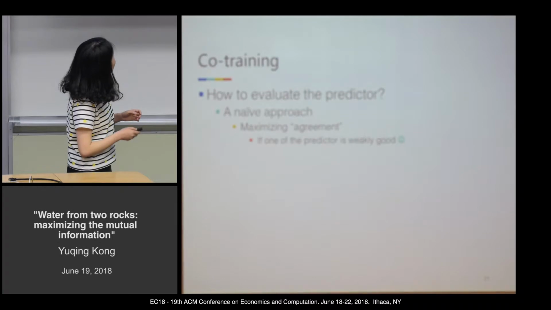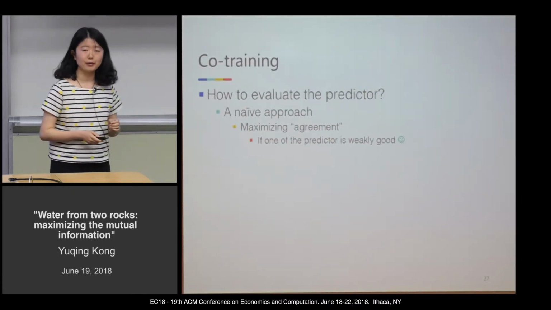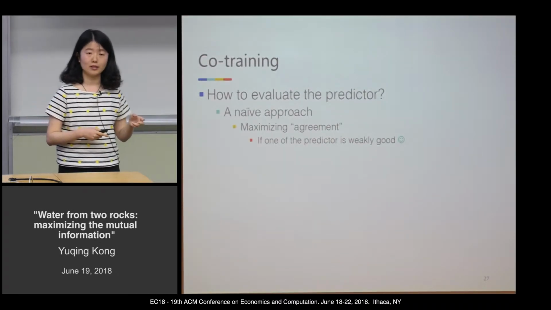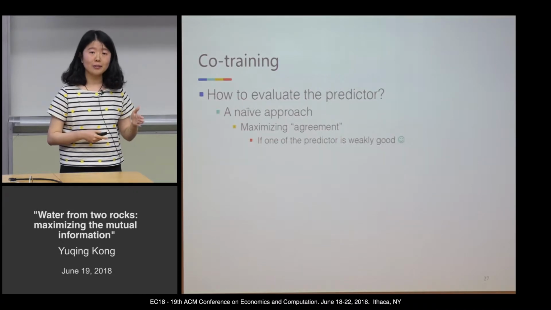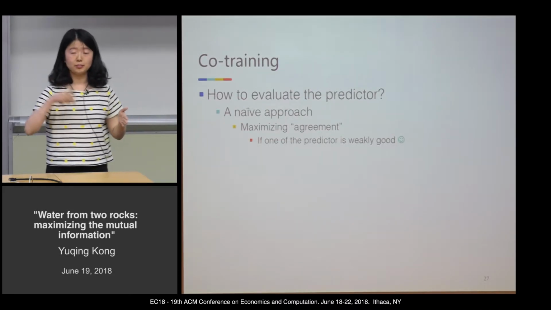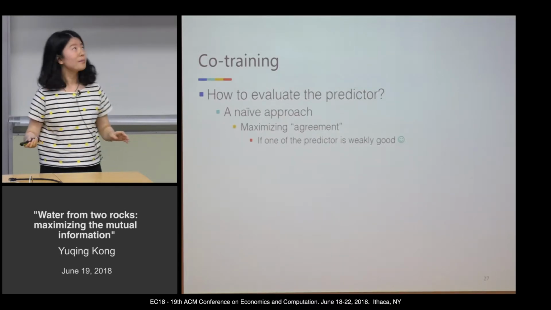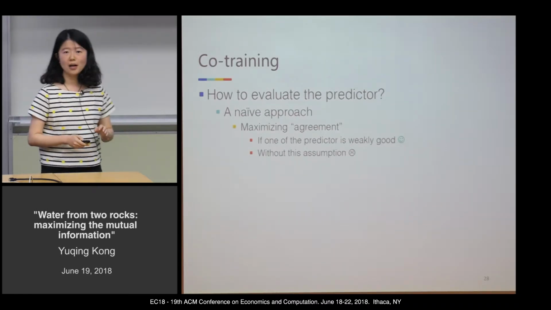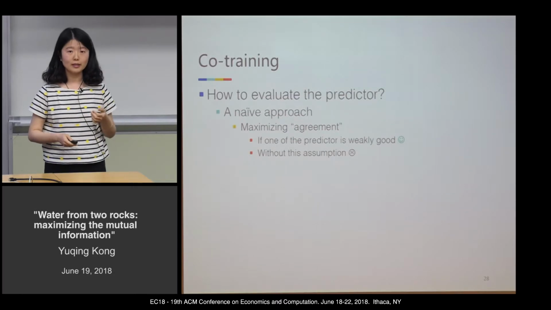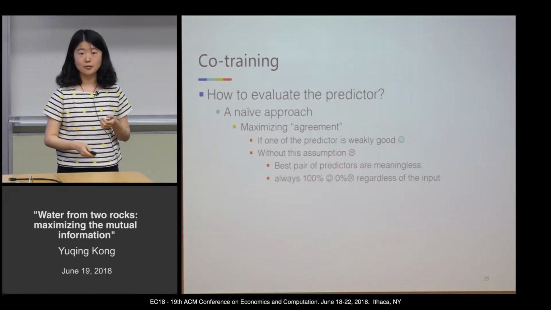This idea will work if we can assume the predictor is already weakly good. Then we can use that weakly good predictor to boost another predictor, and we can do this interaction. But the problem is, without this assumption, it will not work. And it's the same reason.